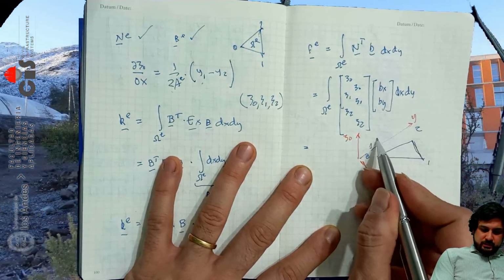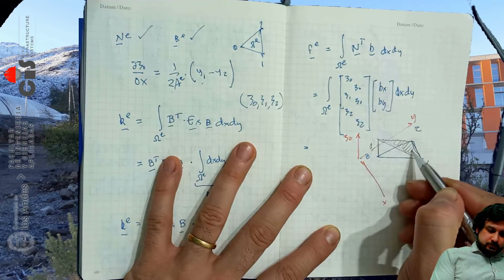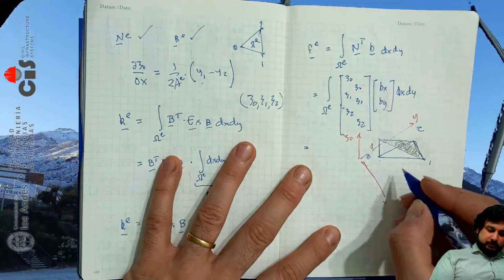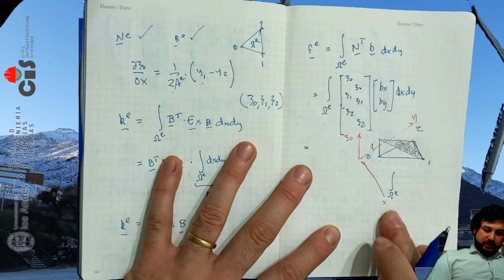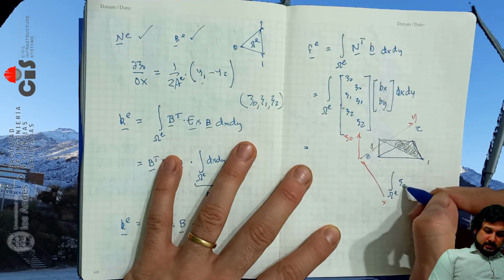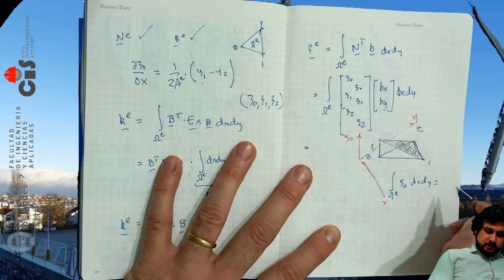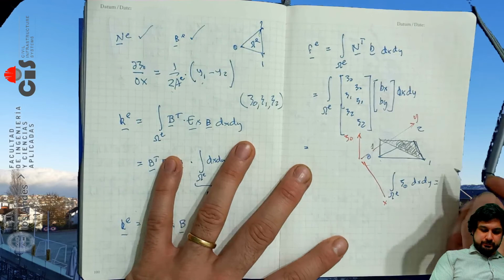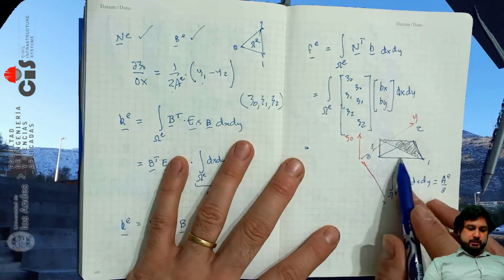So it's a plane that looks like this. It's that wedge. Now the volume of that wedge, so basically the integral over omega E of zeta 0 dx dy is going to be the area of the triangle multiplied by 1/3. So AE over 3. That's basic geometry.